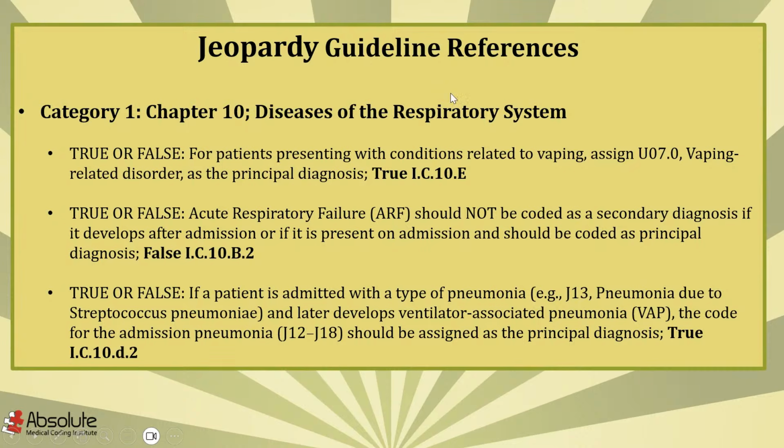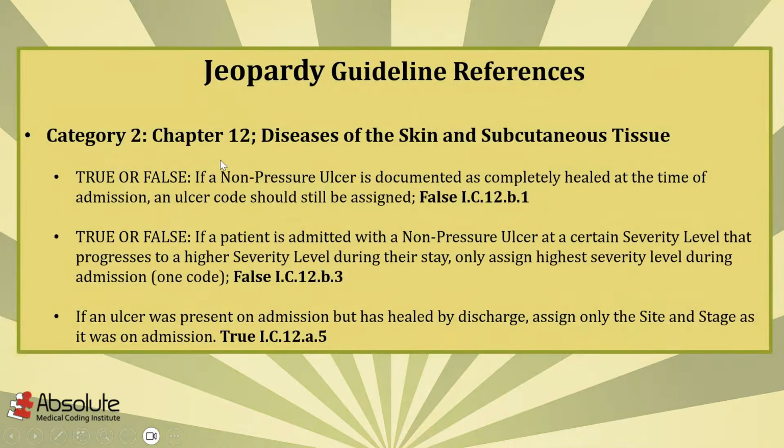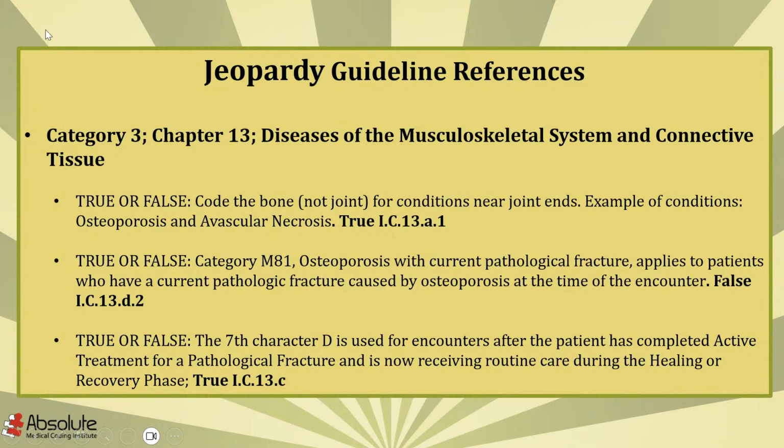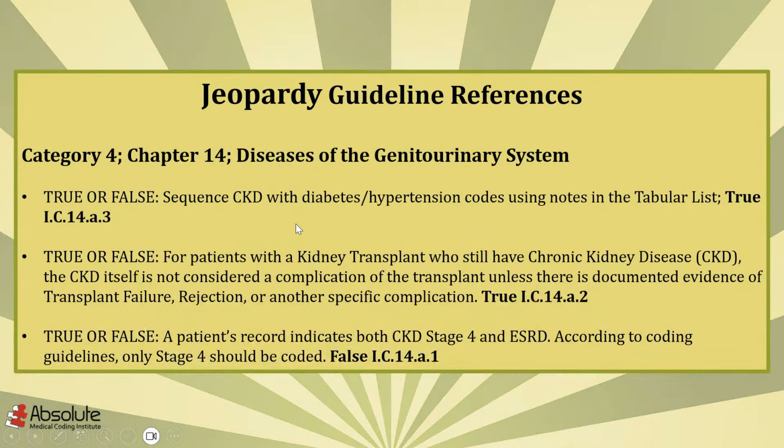This is for our chapter 10, diseases of the respiratory system. This is for our category 2 or chapter 12, diseases of the skin and subcutaneous tissue. Again, question, answer, guideline. This is going to be category 3, chapter 13, diseases of the musculoskeletal system and connective tissue. And then last but not least, this is going to be our category 4, chapter 14, diseases of the genitourinary system.